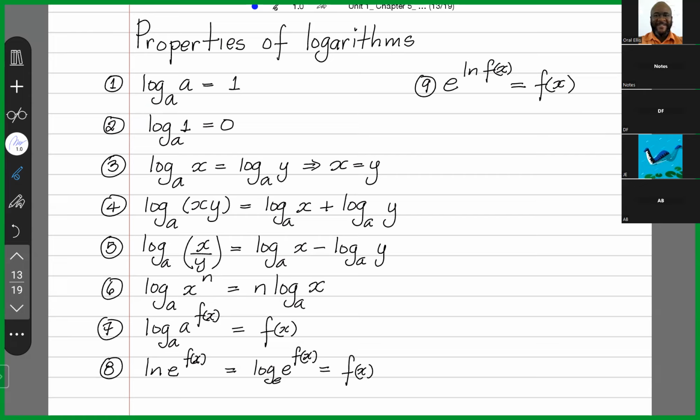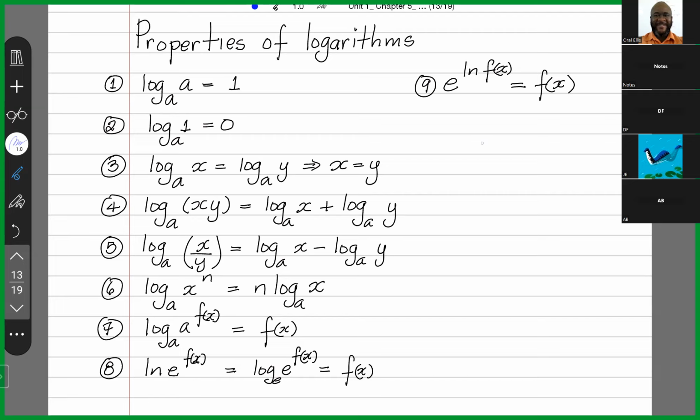Because the definition of a logarithm is the power you have to raise the base to in order for it to be equal to the number. So in order for the base a to be equal to the number a, the power must be 1.